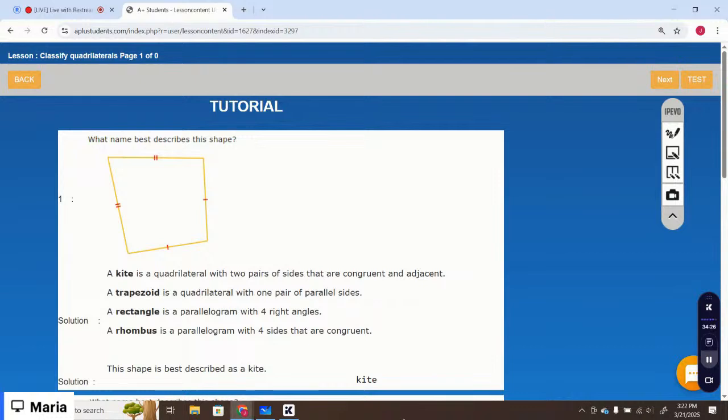A rectangle is a parallelogram with four right angles. A rhombus is a parallelogram with four sides that are congruent.